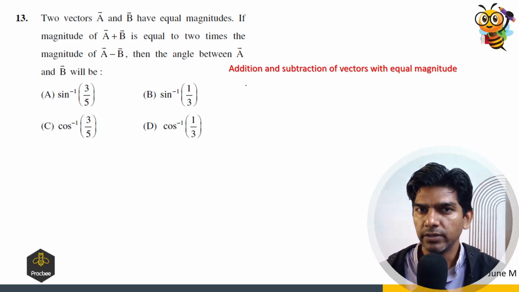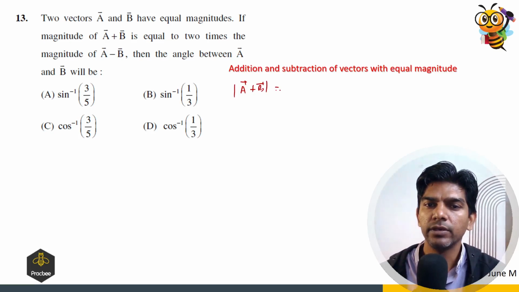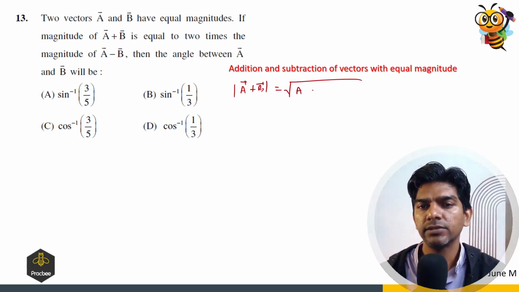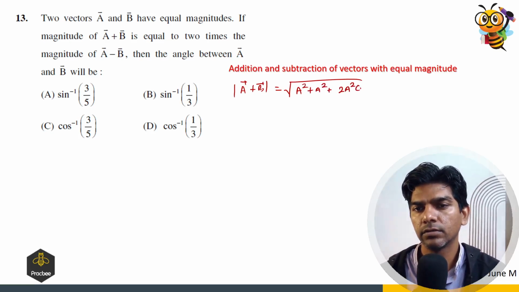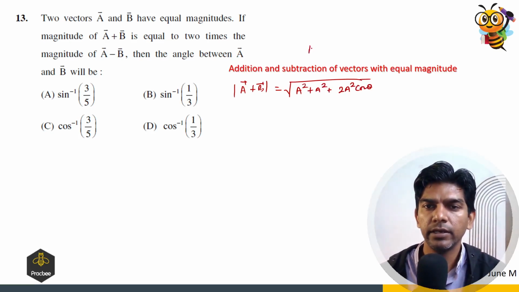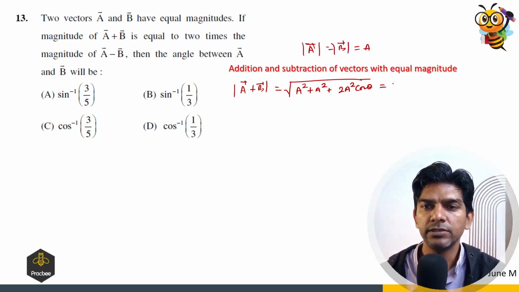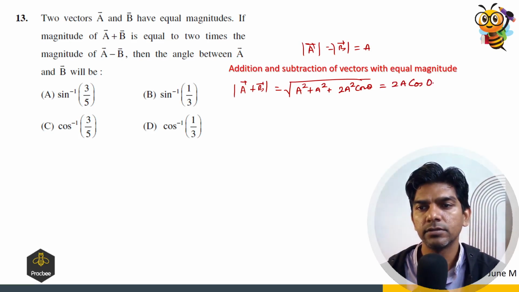So when we have two vectors with equal magnitude, we can write that the magnitude of A plus B is root of a square plus a square plus 2a square cos theta, where theta is the angle between the two vectors, and here I have taken the magnitude of A and B the same as a. This can also be written as 2a cos theta by 2.